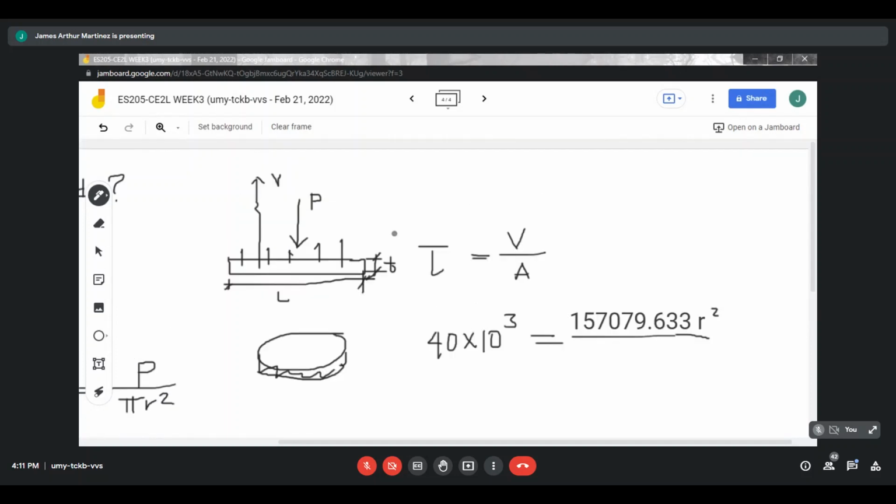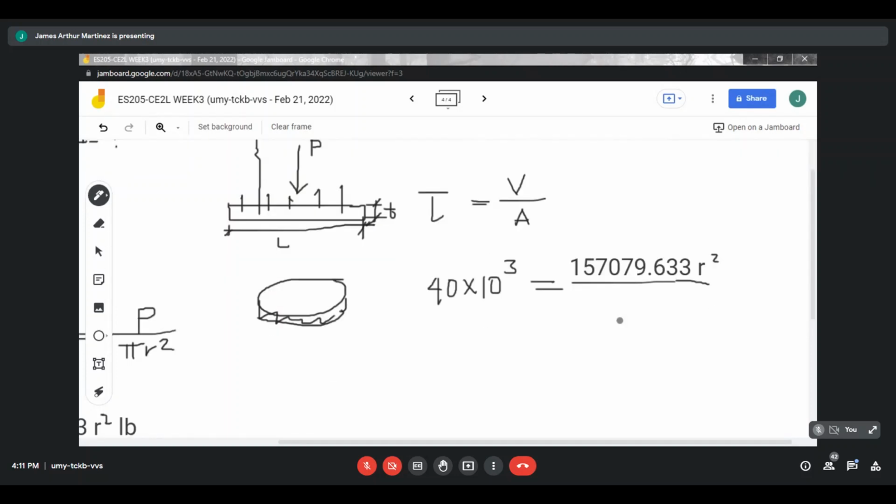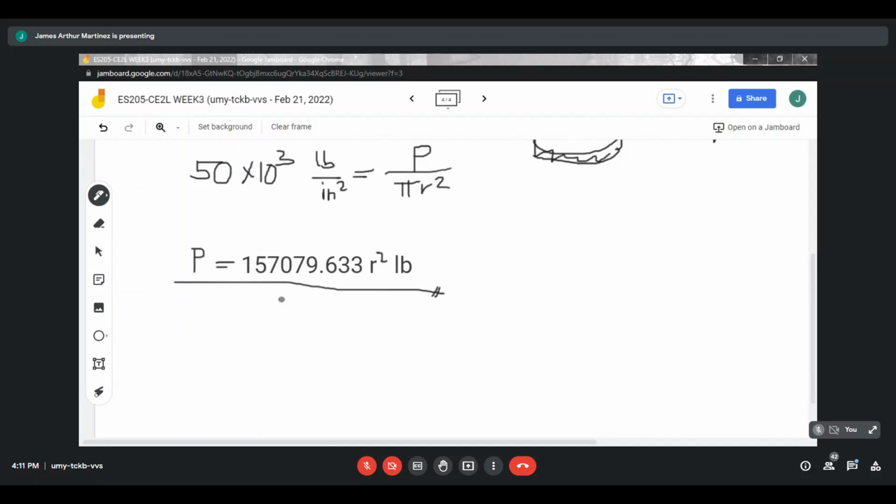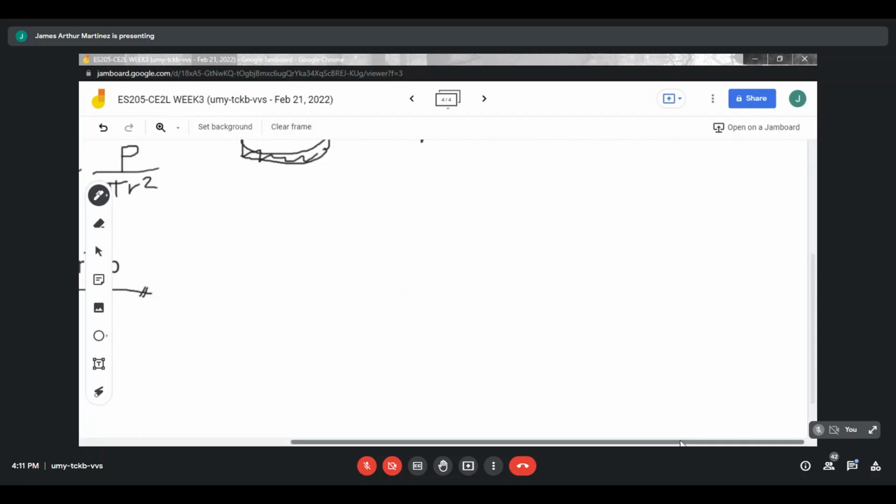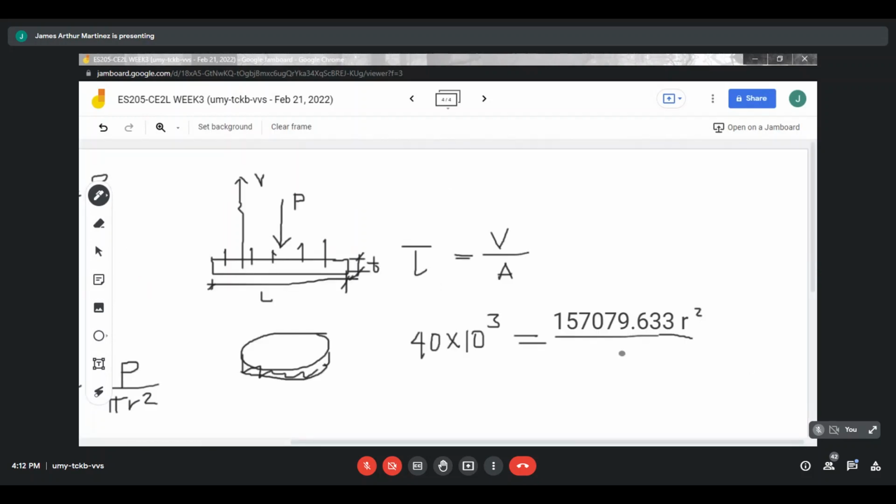So P therefore is just equal to V, in which we have here an equation for P, 157,079.633 r squared all over area. So ang area nga to i-consider is kaning parallel sa shear force V. So naka-rectangular siya, no? And that is just the thickness times the circumference of your circular slug.